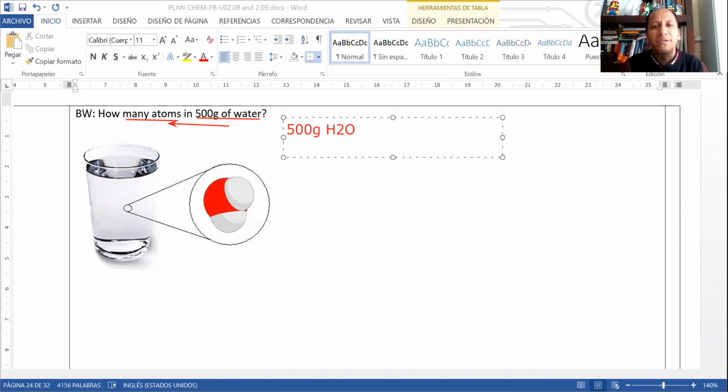In the first part, what you've got is 1 mole of H2O. What is the mass of 1 mole of H2O? If you find the masses in the periodic table, 2 hydrogens, 1 gram per hydrogen, in total 2 grams, and oxygen is 16, in total 16 plus 2, 18, so 18 grams in 1 mole of water.